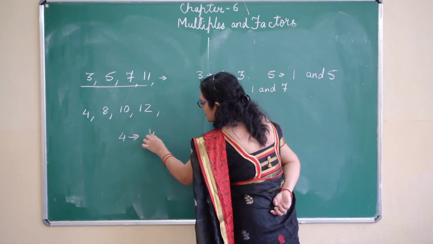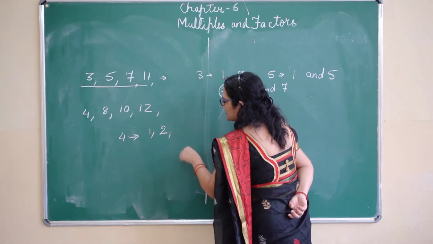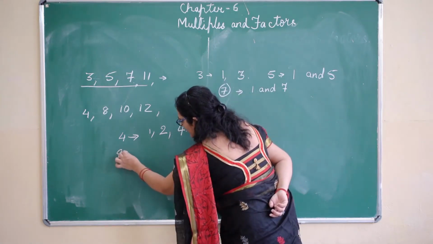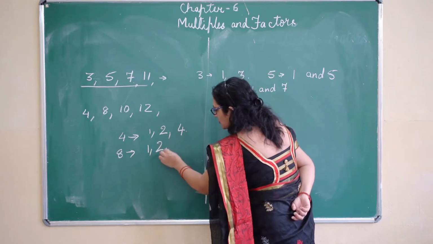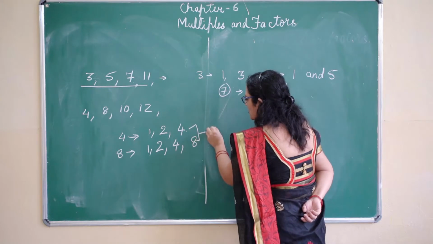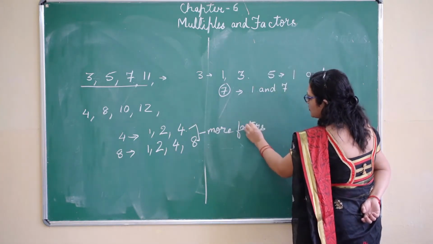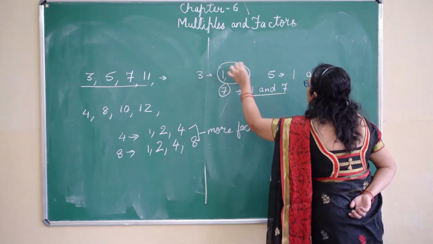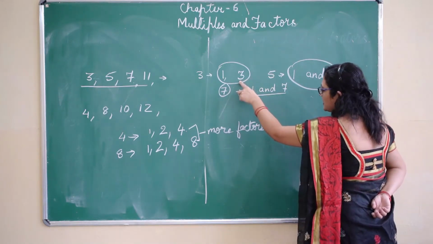Now what do you understand by the number 4? It has more than 2 factors: 1, the table of 2, as well as itself. Like 8 comes in the table of 1, 2, 4, 8. So these have more factors, more than 2 factors, whereas the others have only 2 factors, 1 and the number itself.